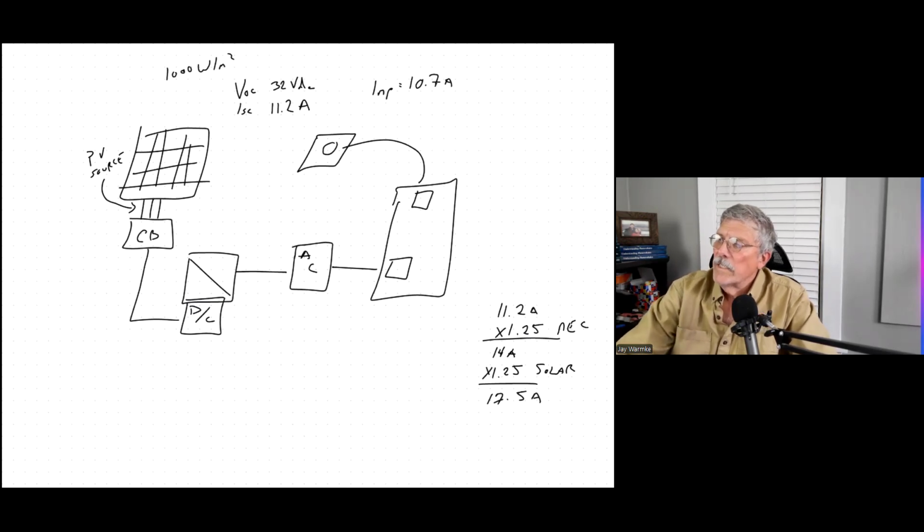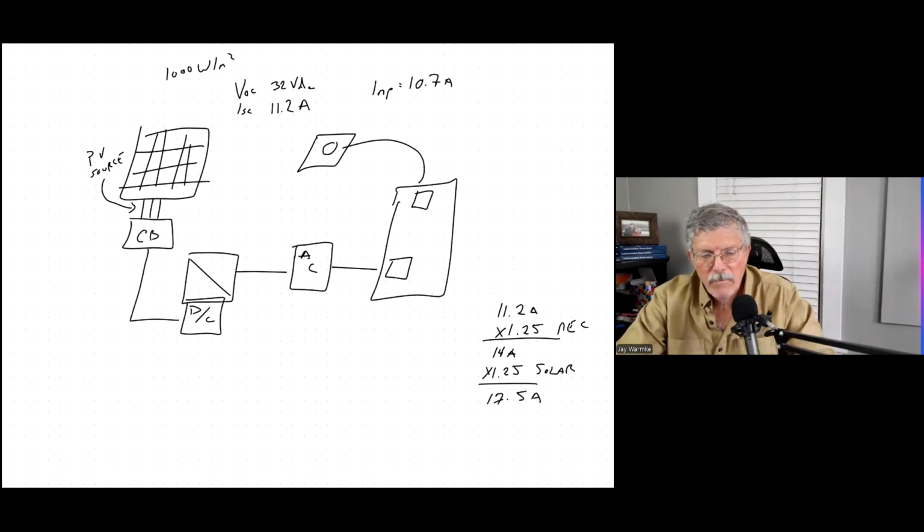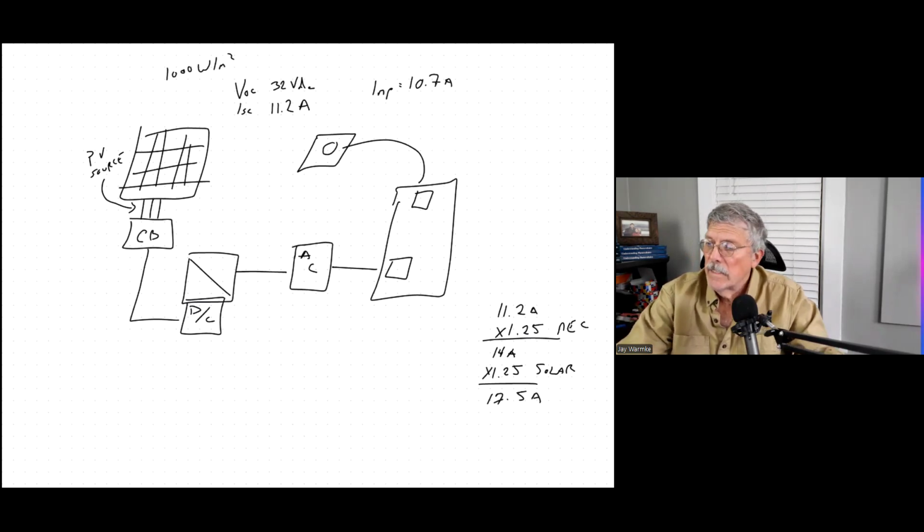So what we've now said is this poor little thing is now going to be generating 17.5 amps. So I need wire that can handle 17.5 amps. If I look up in the table on page 111, you always read from the first column. And the reason for that is because let's say I've got a combiner box and a DC disconnect, right?